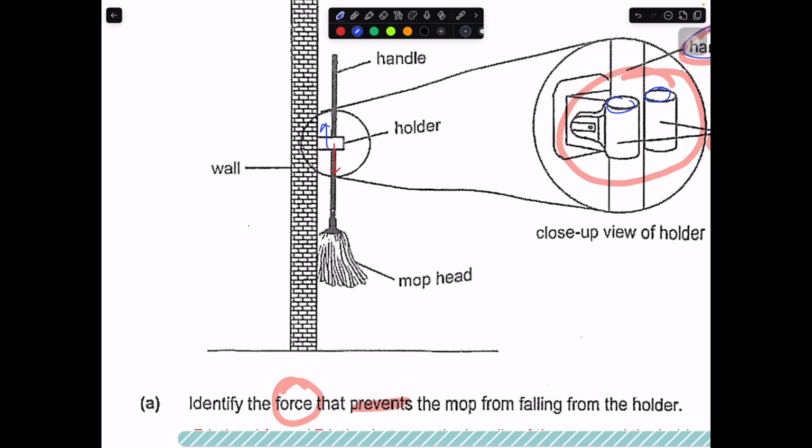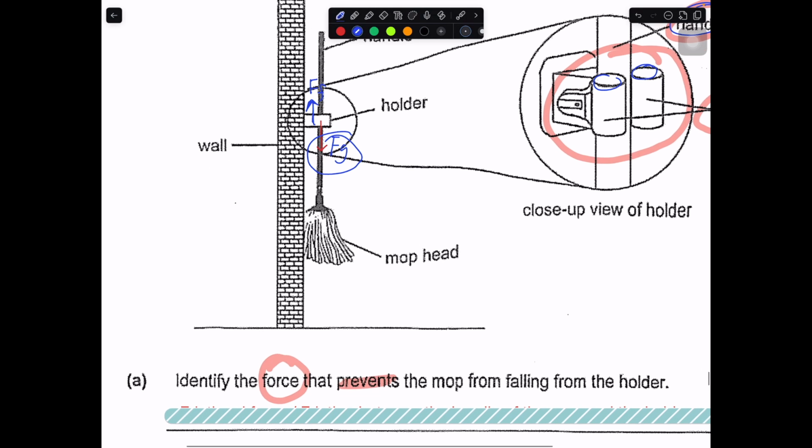The downward direction pointing to the floor will always be your gravitational force. So the upward direction will be your frictional force. Friction opposes the intended motion of the object, which is downward by gravity. So the force that prevents the mop from falling is the frictional force.